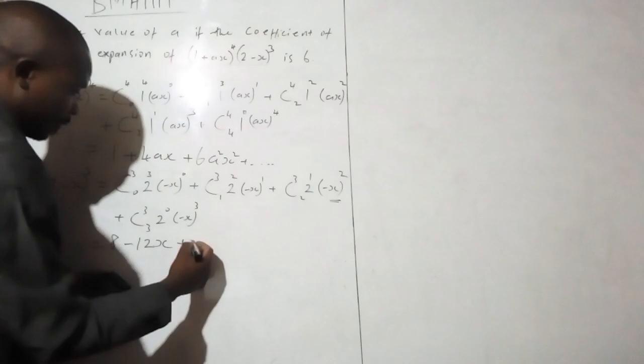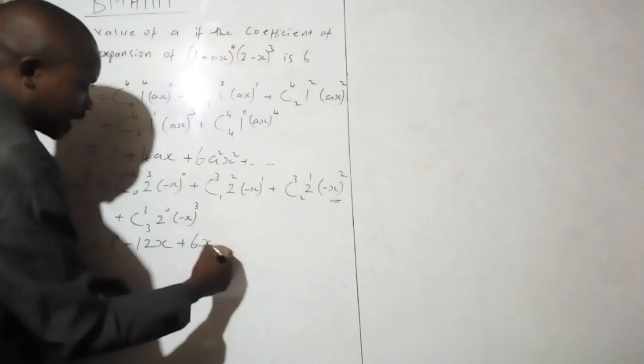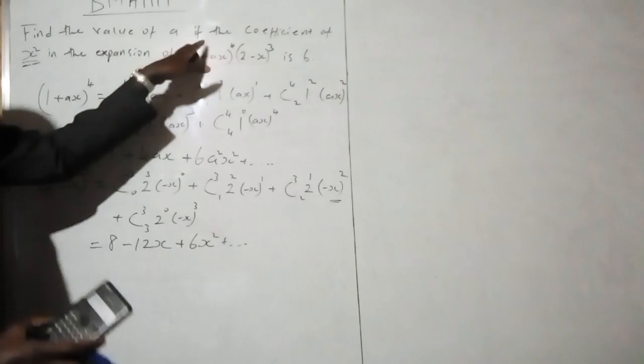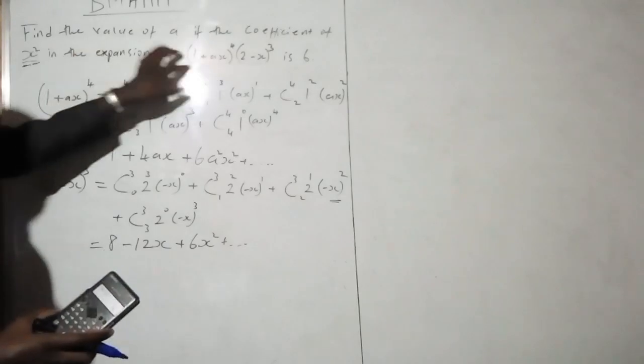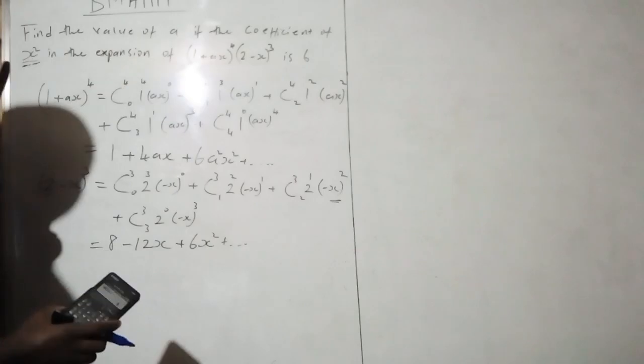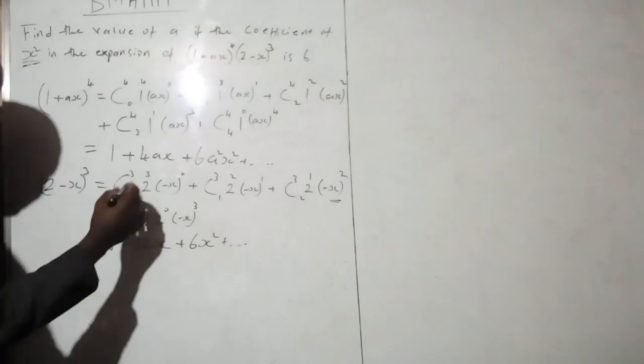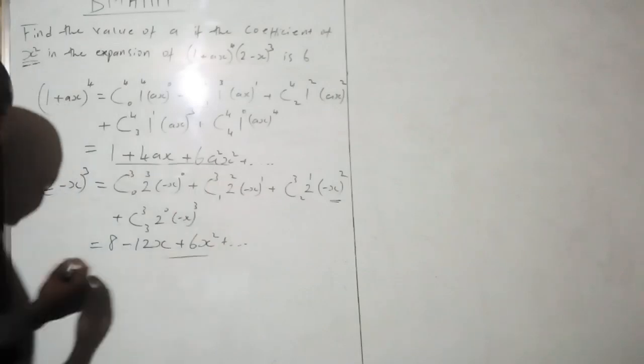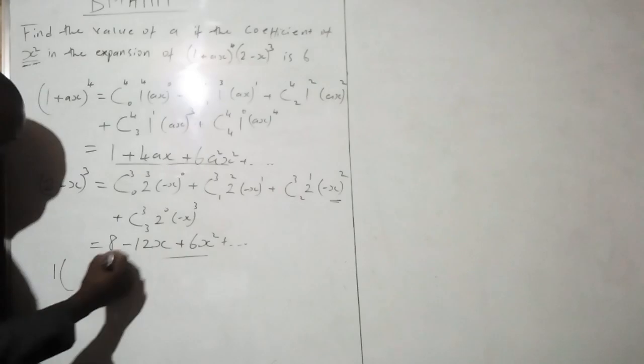We want up to x squared. We've been told the coefficient of x squared in the expansion of that, so we take the whole of this and multiply by this. We start with 1 multiplied by (8 - 12x + 6x squared).